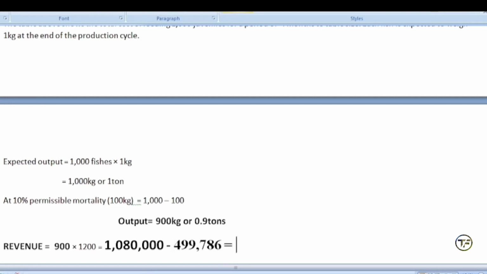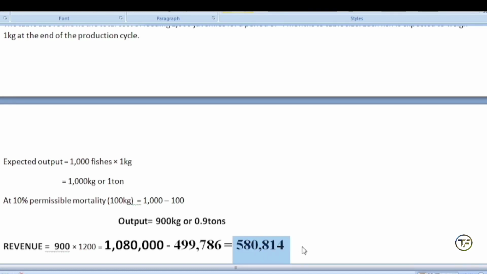What are we going to get if we subtract this? 580,814. Now this is what you are going to get after subtracting the cost of feeding from the revenue gotten. So I hope we understood this. Now remember, this is not your profit. This isn't your profit, okay?